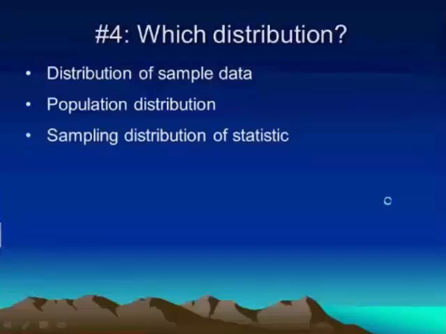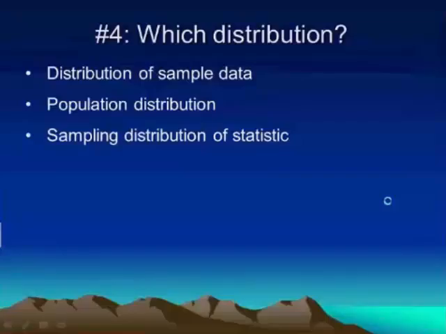Or we could be talking about the sampling distribution of a statistic, like x bar or p hat. So that is the value of the statistic in all possible samples of the same size taken from the population. And often the sampling distribution of the statistic follows a nice normal distribution pattern approximately if certain conditions are met.